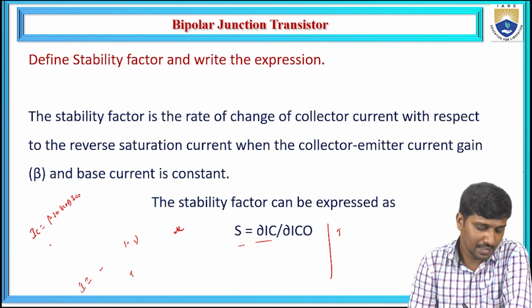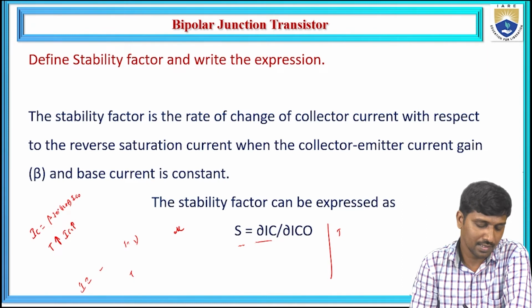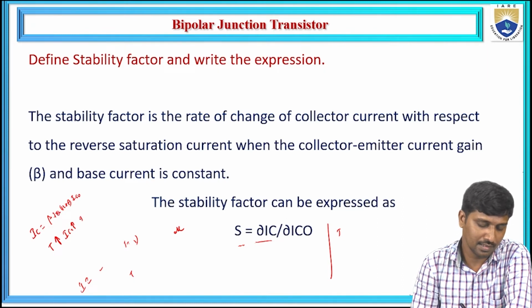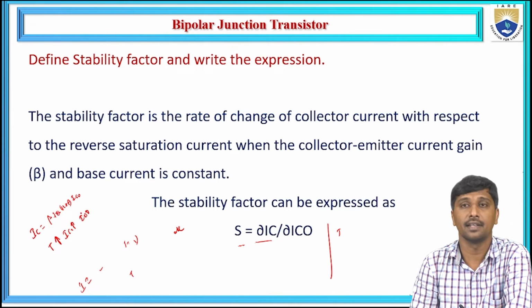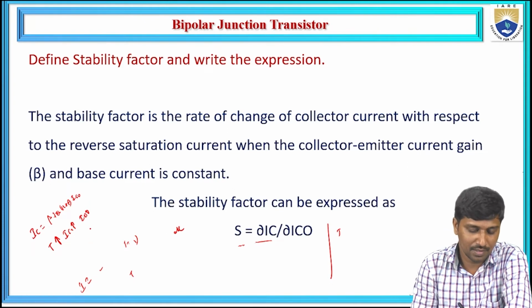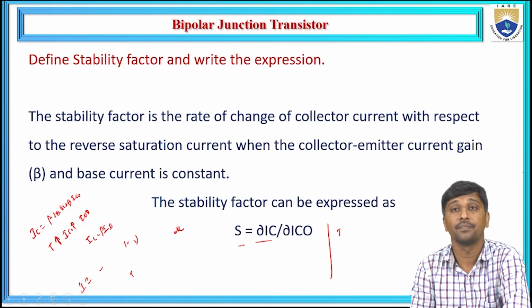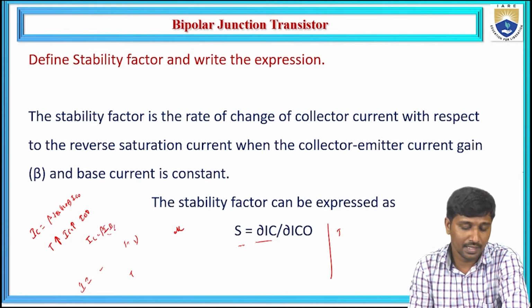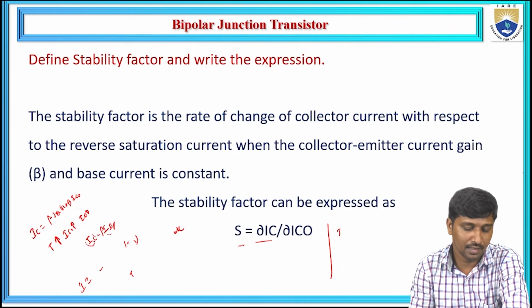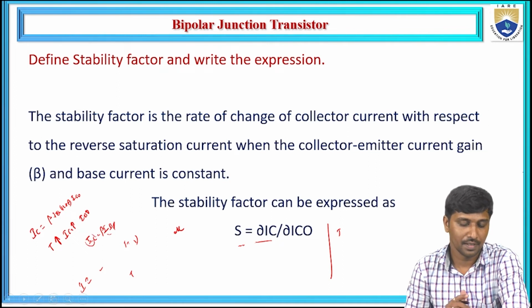Under this condition, let us assume if T increases, the reverse saturation current increases. If the reverse saturation current increases, your input current also increases. Why? Because we know that IC is equal to beta times IB. So if the input current changes, then the collector current also changes.